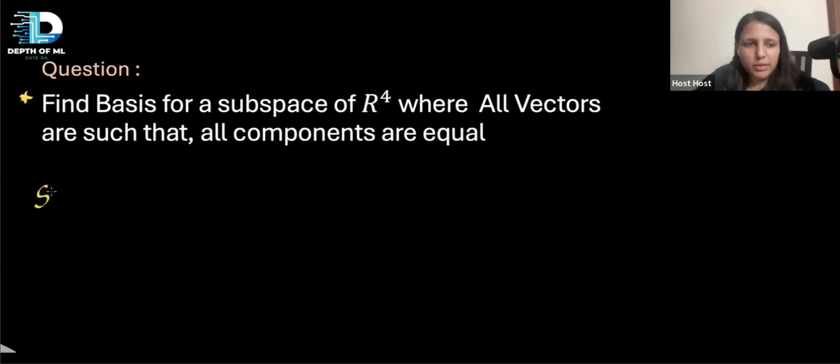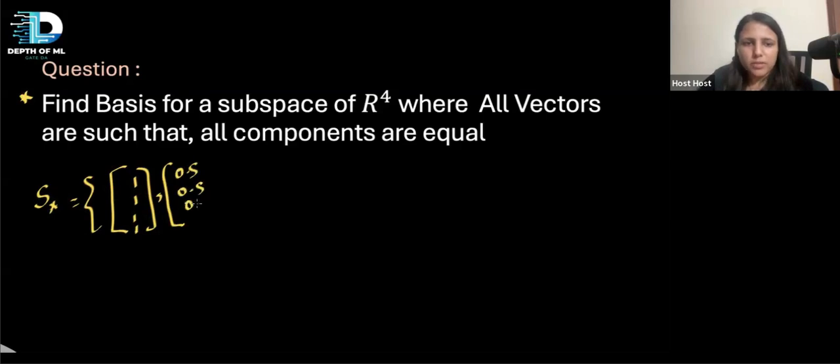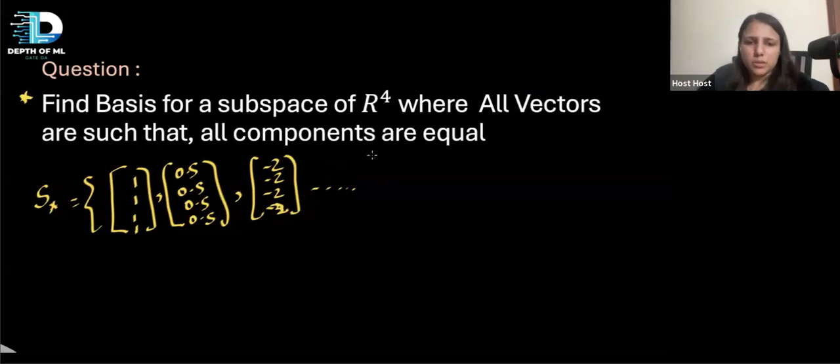I will call it S star, which has vectors where all components are equal, like 0.5, 0.5, 0.5, 0.5, or say -2, -2, -2, -2, and so on. This is my subspace.